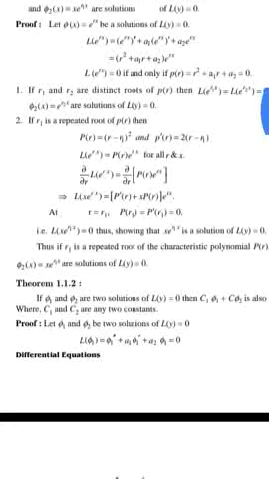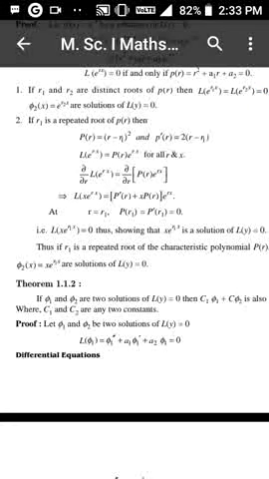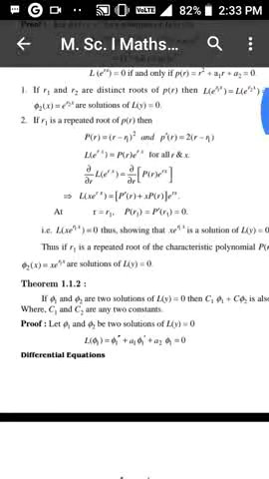Now, at r is equal to r1, we get p of r1 is equal to p dash of r1 is equal to 0. Therefore, L of x into e raised to r1x is equal to 0, showing that x into e raised to r1x is a solution of L of y is equal to 0.